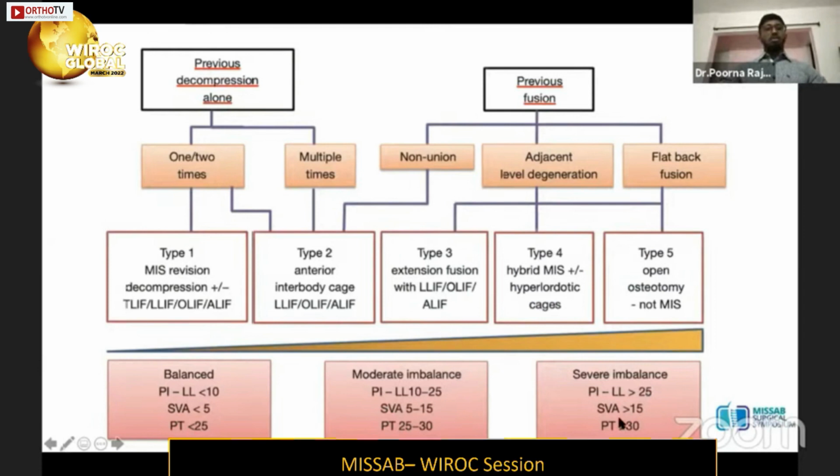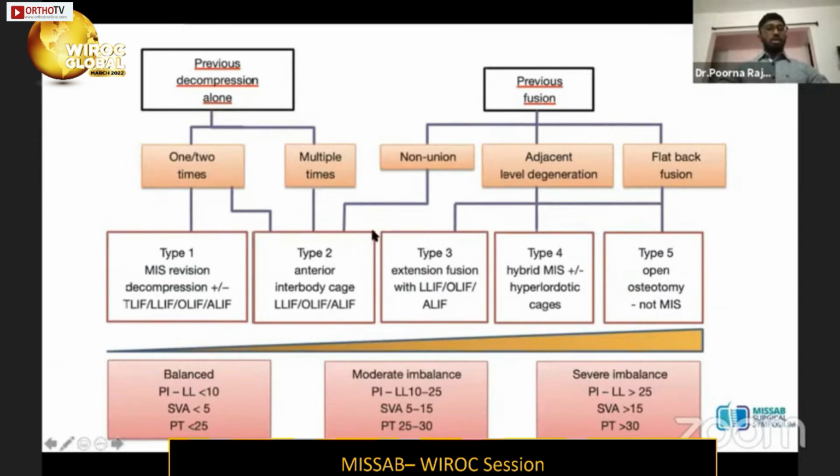And a sagittal vertical axis greater than 15 centimeters is also considered a severe sagittal imbalance. On the left side of the screen, patients who have undergone one or two decompressions tend to have a very mild sagittal imbalance, whereas toward the right side of the screen you can see the sagittal imbalance increasing. So the considerations were whether decompression alone or fusion, and what the sagittal parameters are. These are the main considerations.